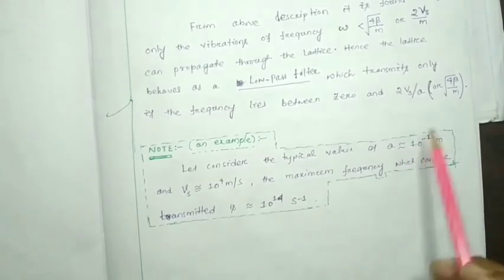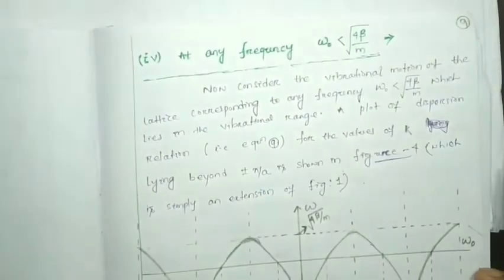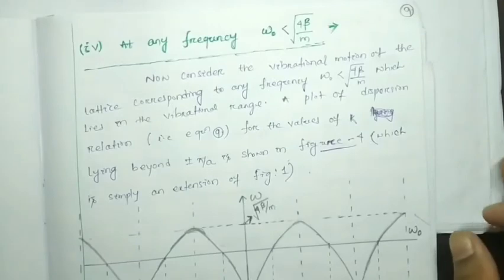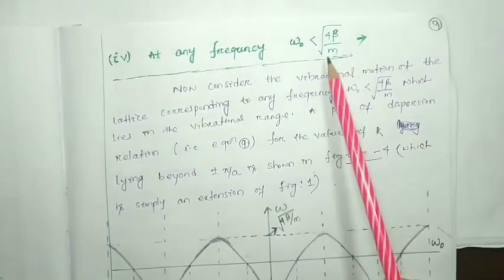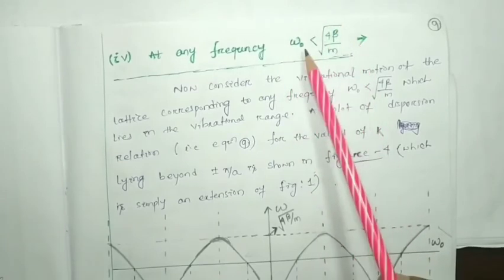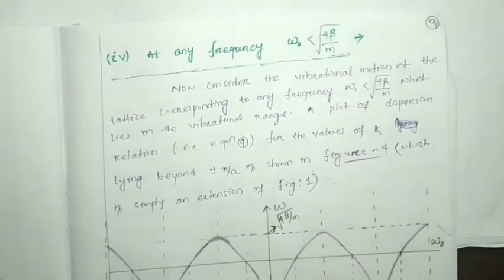Okay, now we have to move to any frequency. What exactly is happening inside, or what things can we observe at any frequency omega less than the root of 4 beta by m?